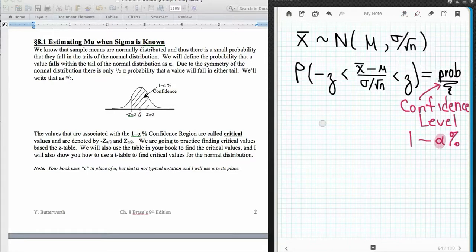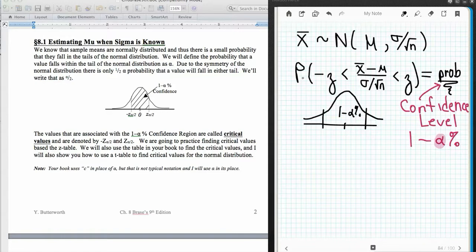So let me draw you a picture of what's going on here. In our picture, we have the random variable here, and we have our mean, and we end up between these two with this level of confidence, right? That probability is right in there.